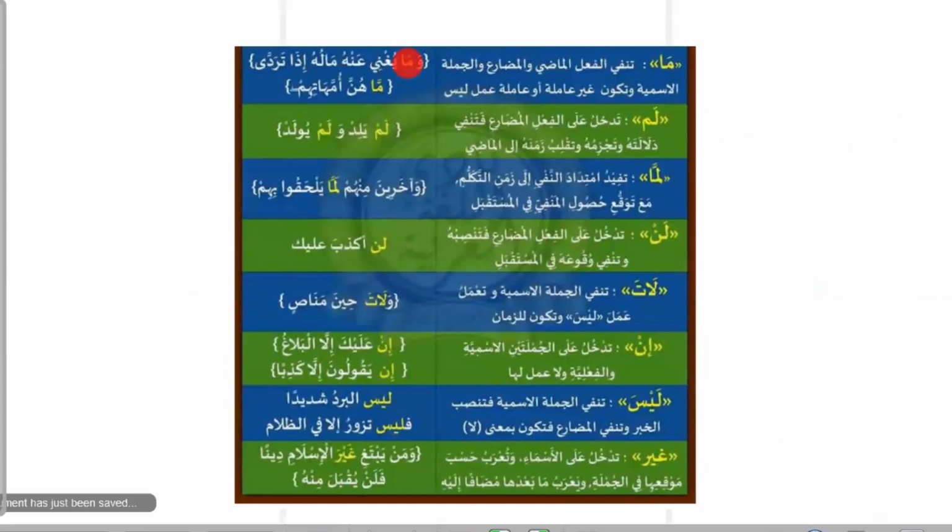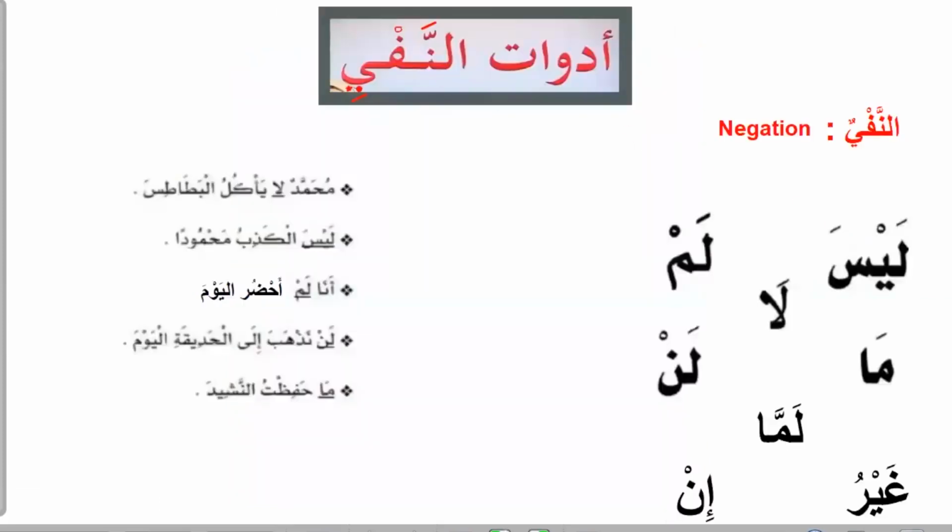So that's why I told you they don't have, all these adawatun nafi, they don't have one specific meaning, one word as their translation in the English language. Its meaning depends on the sentence it is negating.